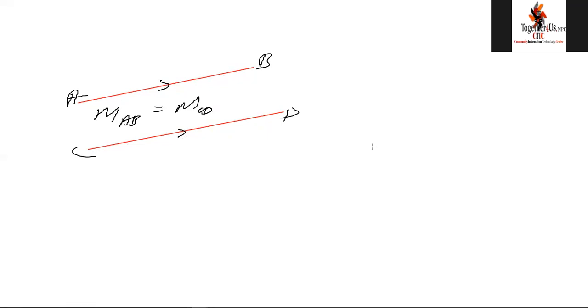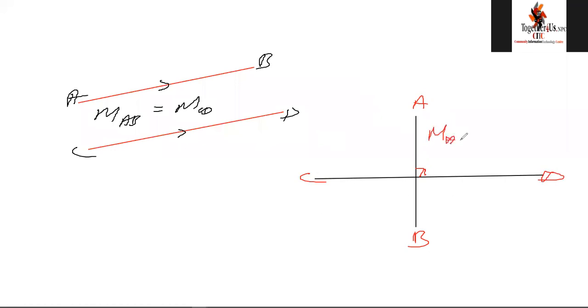We then spoke about perpendicular lines, okay? In other words, lines that have got an angle of 90 degrees between them. And these ones, we said, again, if this is AB and this is CD, we know that the product of the gradients, that is the gradient of AB times the gradient of CD, should be -1.